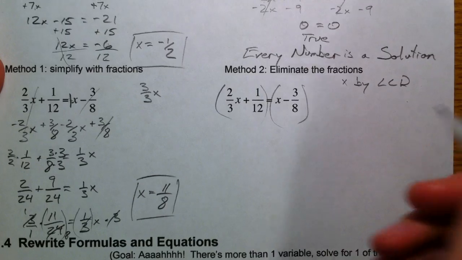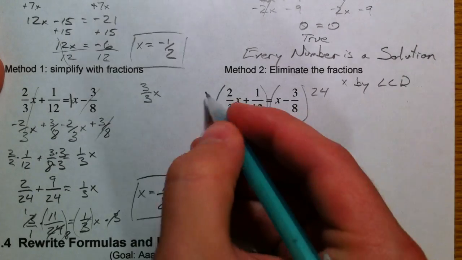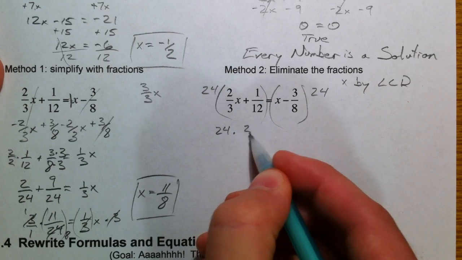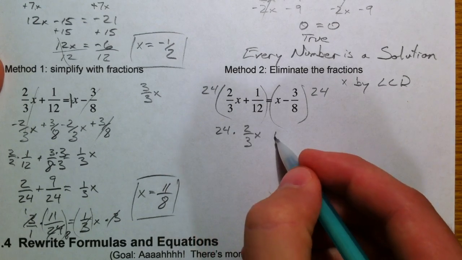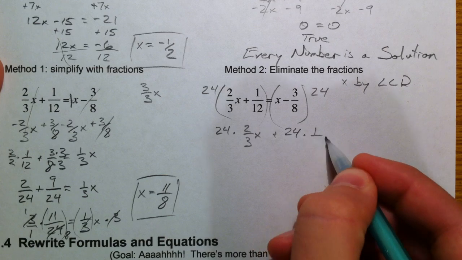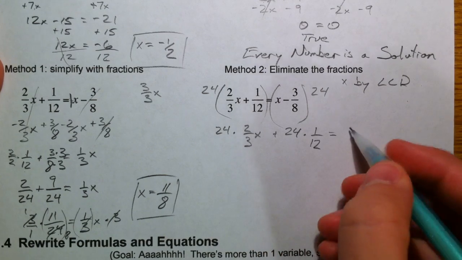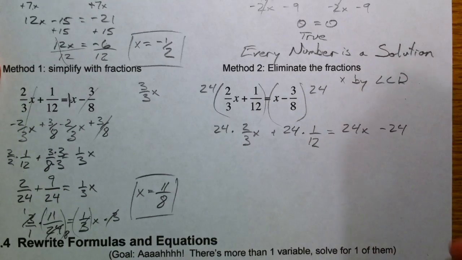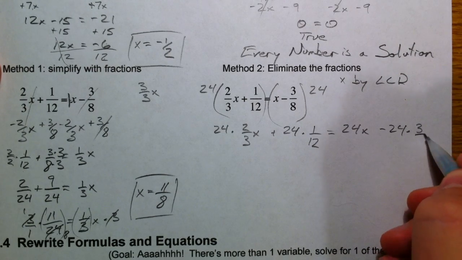Lowest common denominator. So that would be 24 like we had on the last problem. So 24 times 2/3 x plus 24 times 1/12 equals 24 times x minus 24 times 3/8.